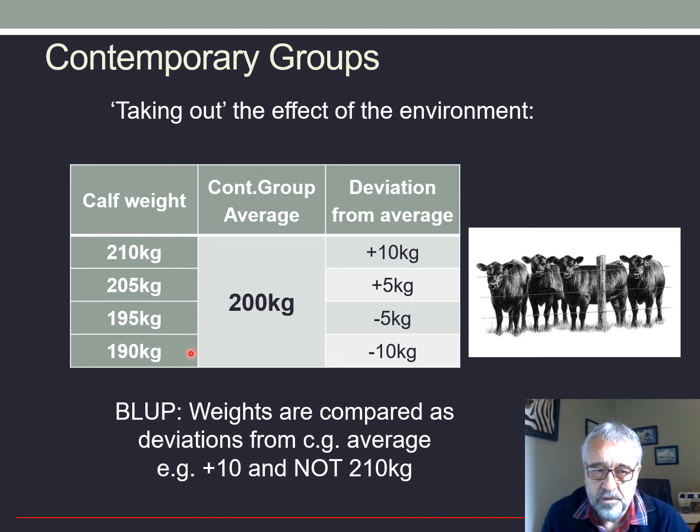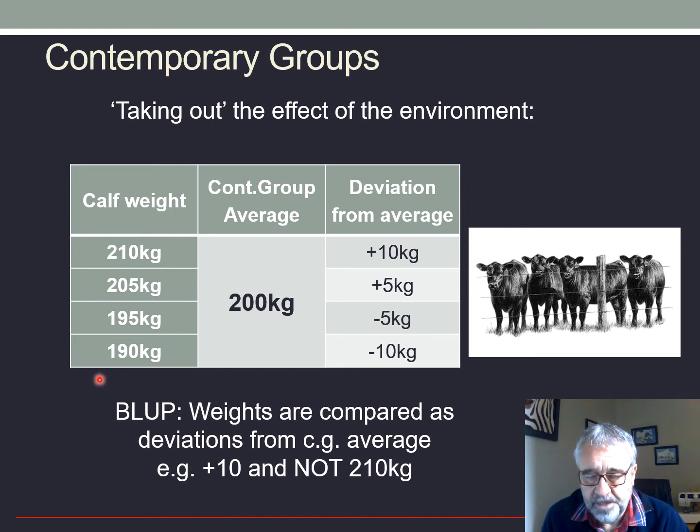Here you have 4 calves weighed at weaning, let's say at 7 months old. The heaviest calf was 210 kilos and the lightest calf 190. The average of the group was 200 kilograms. Now, the actual weight is not considered in the prediction of breeding values.